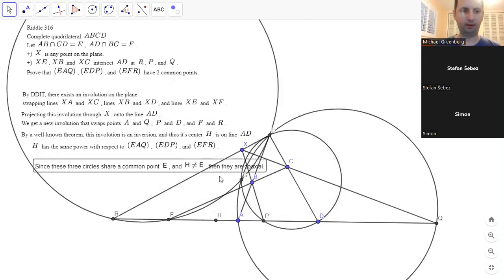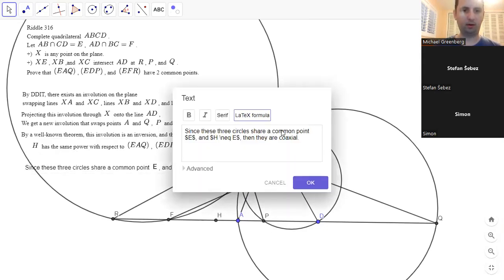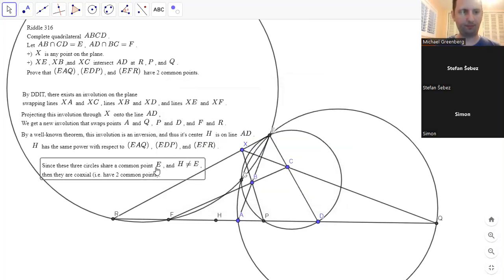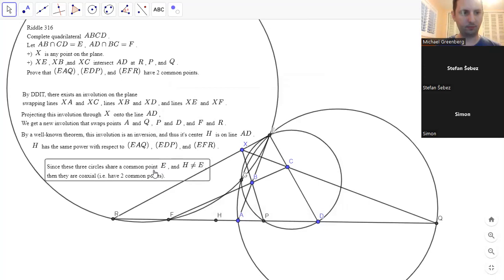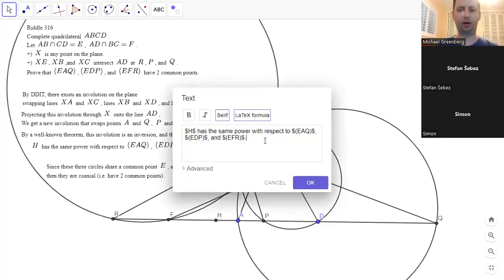So basically, I'll write it this way. Since it has the same power with respect to them, it lies on their pairwise radical axes. So it lies on all three pairwise radical axes.